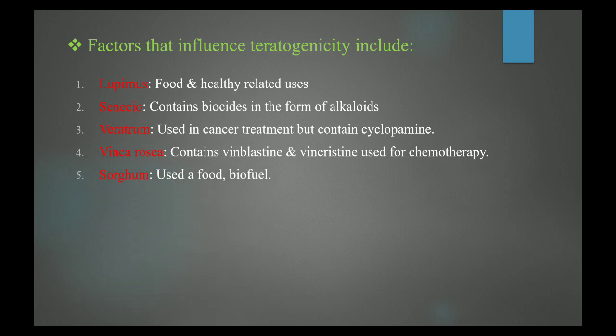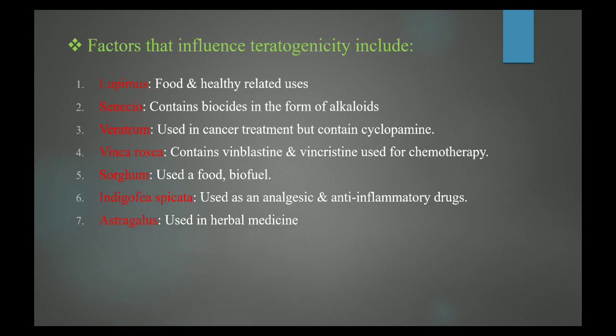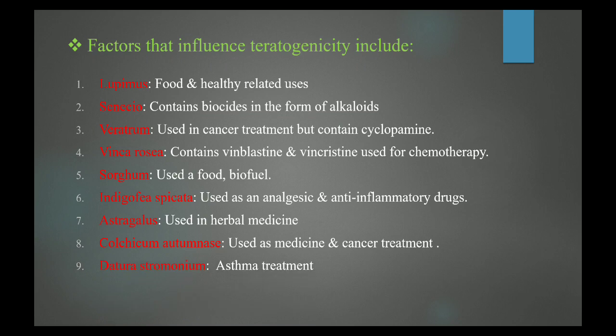Fifth is sorghum, used for food and biofuel. Sixth is Indigofera spicata, used as an analgesic and anti-inflammatory drug. Seventh is Astragalus, used in herbal medicine. Eighth is Colchicum autumnale, used in medicine and cancer treatment. Then Datura stramonium, used in asthma treatment.